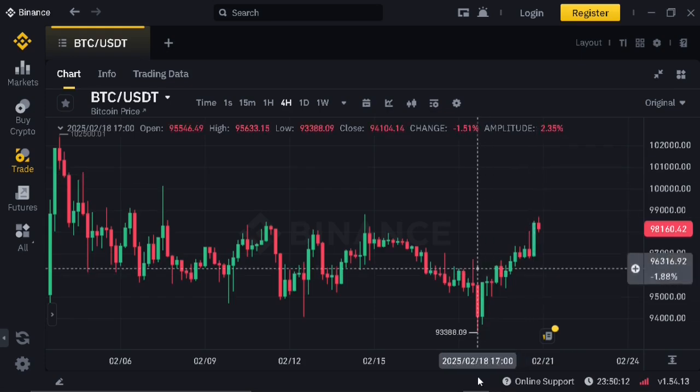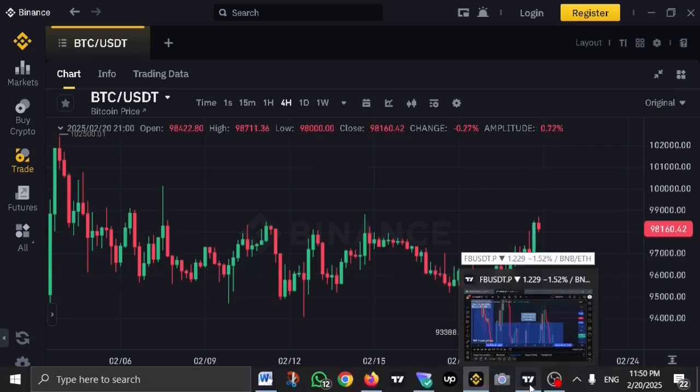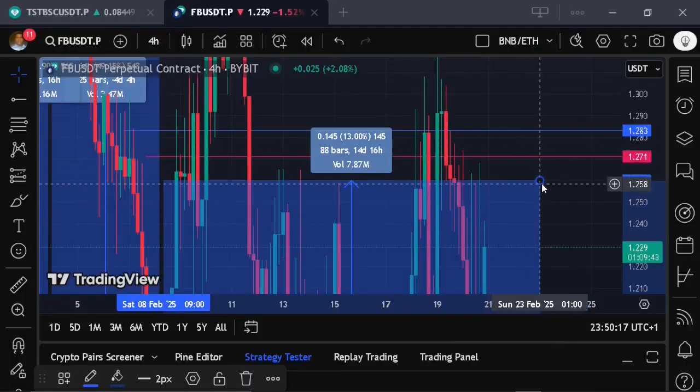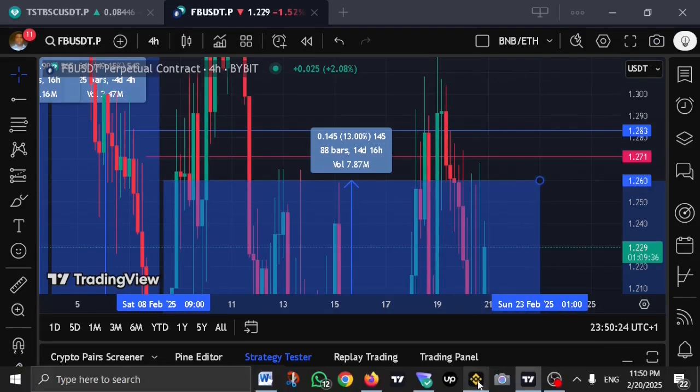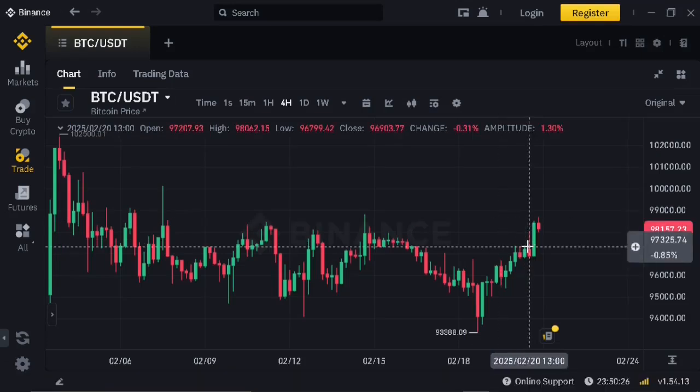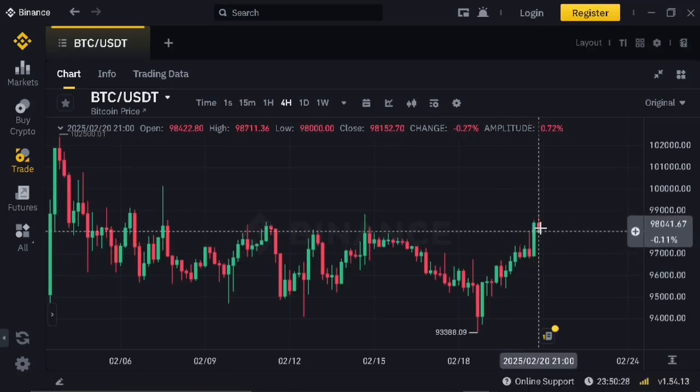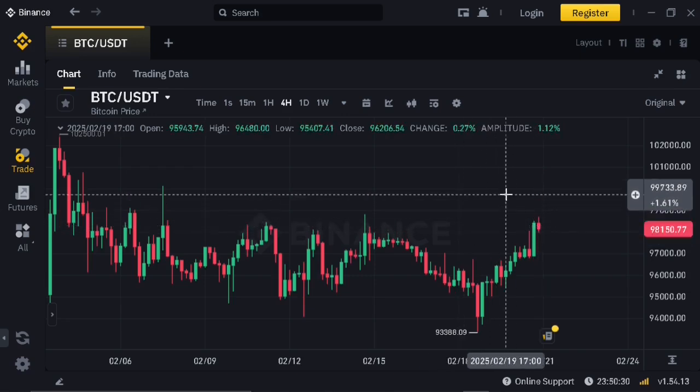So the first entry condition has absolutely proved that we cannot open a long trade position for this particular cryptocurrency. And then the second entry condition also proved that we cannot open a long trade position for this particular cryptocurrency.